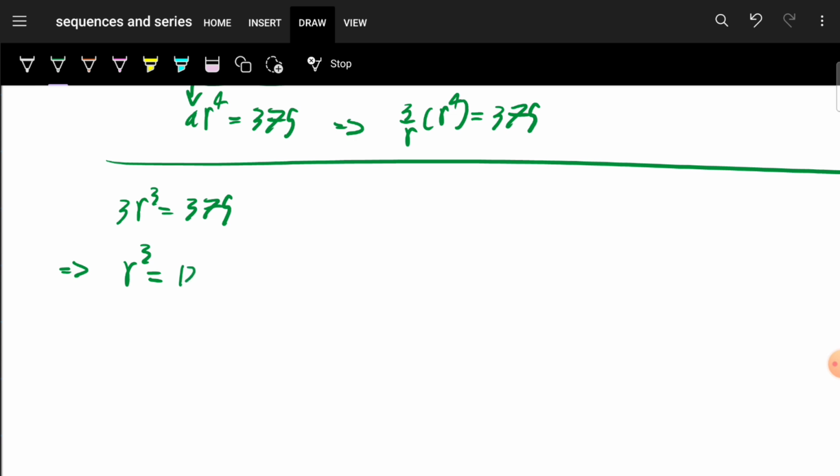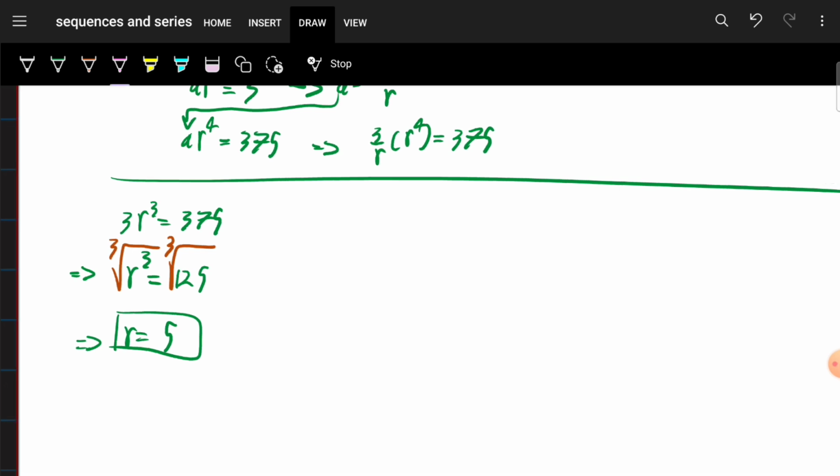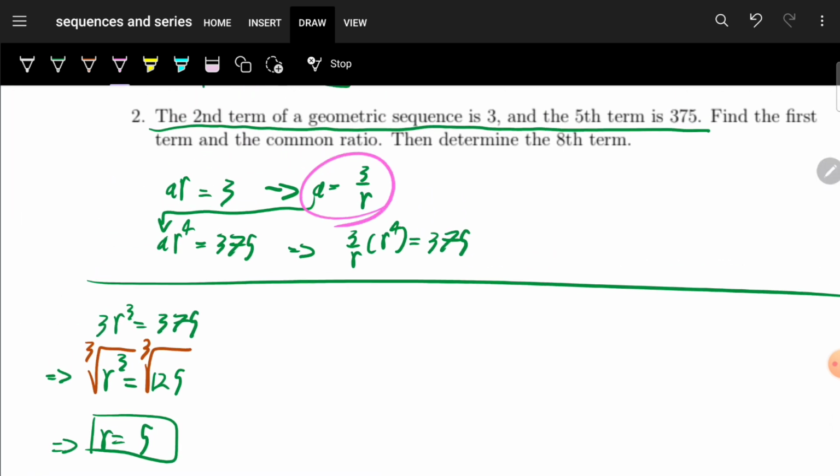That's 125. Okay, take the cube root of both sides, and the cube root of 125 is 5, so r is equal to 5.